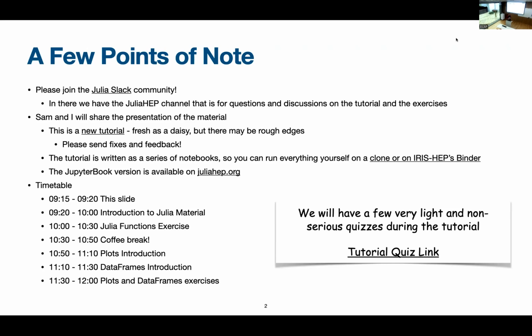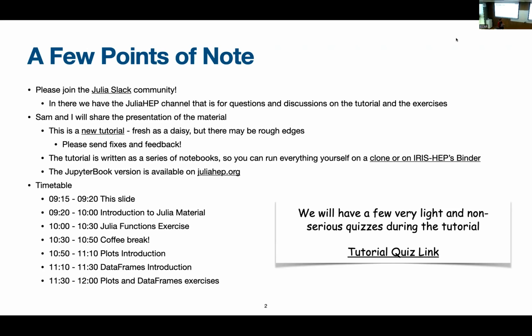The link there is to the GitHub repository, so please raise an issue if you notice something that needs to get fixed, or you think there was something really important that we missed out. We've written the tutorial as a series of notebooks, so you can run them yourself. You can either clone them directly onto your machine, or thanks to Jerry, we have a link set up so that you can run it on the Iris Hep binder, as long as you can get through their authentication.